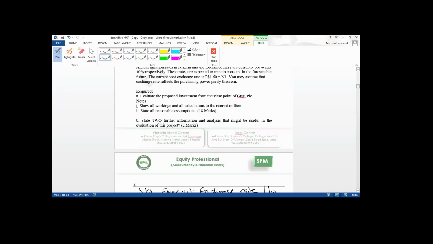Number 2 is the political risk. In this question, we have assumed that there is no political risk.